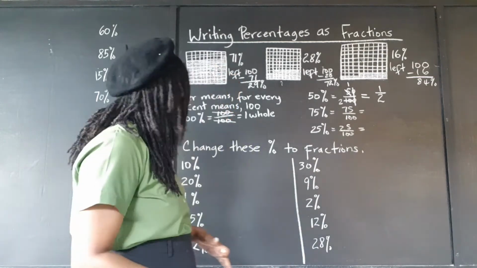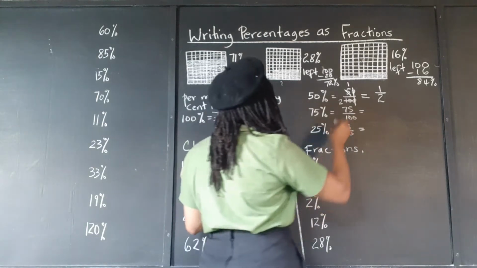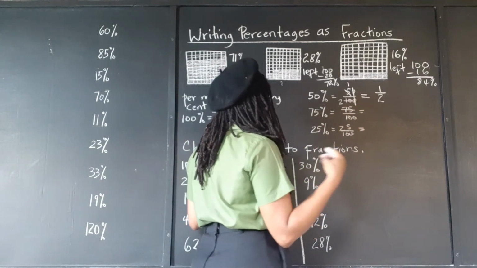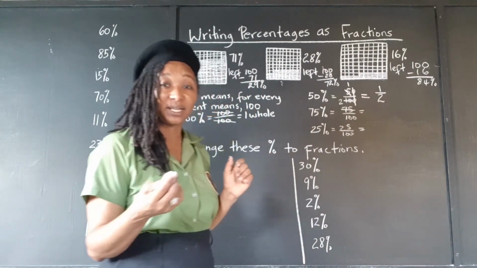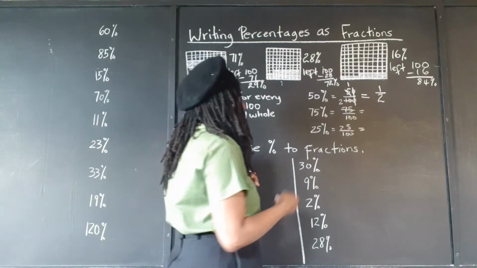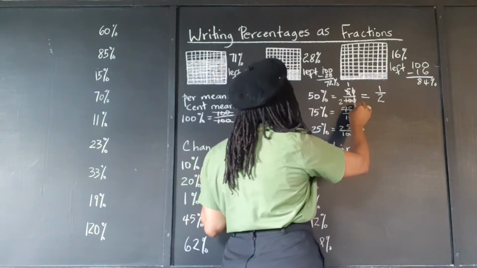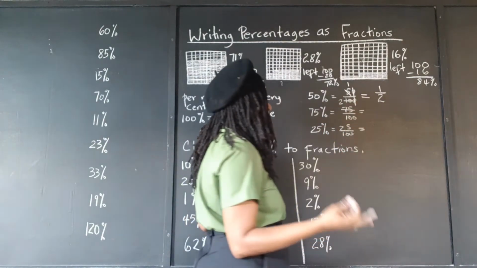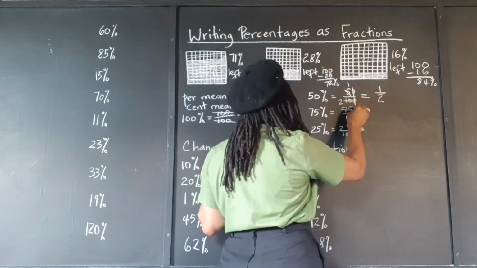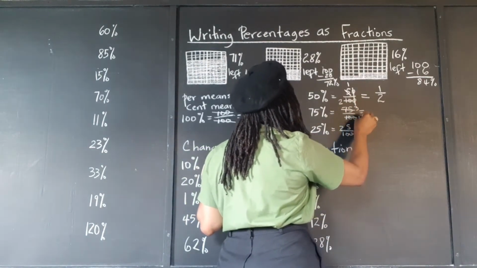Okay? 75%. You can divide by 5, or for those who have some really smart guys who know their 25 times table, they know that 25 goes into 75 3 times. Or you can divide by 5 and then divide by 5 again. So it goes into that, and there are 4 25s in 100.